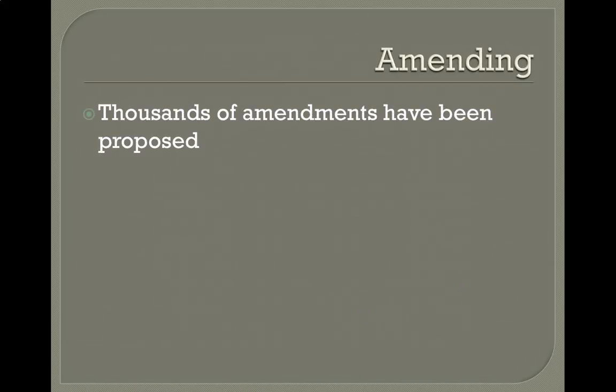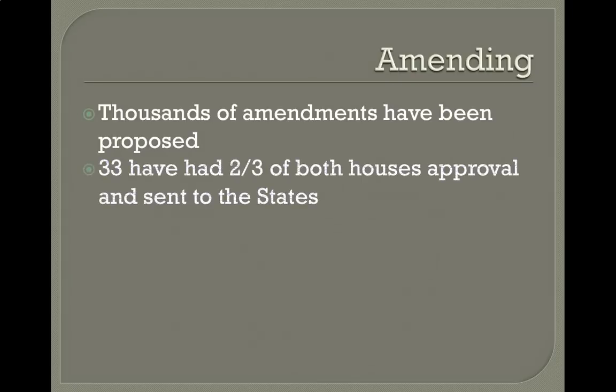Thousands of amendments throughout the years have been proposed. There are amendments on equal rights and equal pay and flag burning and defining marriage as a man and a woman. There's all kinds of issues that people want to amend the Constitution to make it the law of the land. But of those thousands of amendments that have been proposed, only 33 of them have had the 2/3 support in the House and Senate that they need in order to be sent to the states.